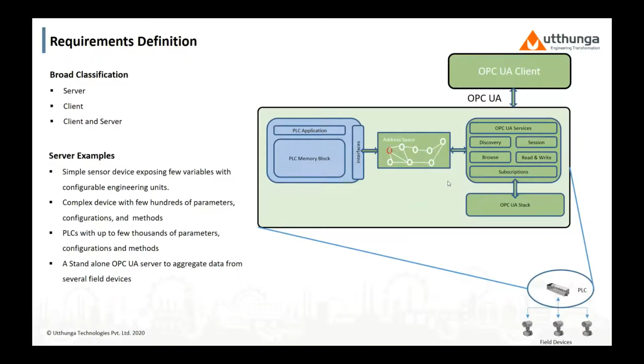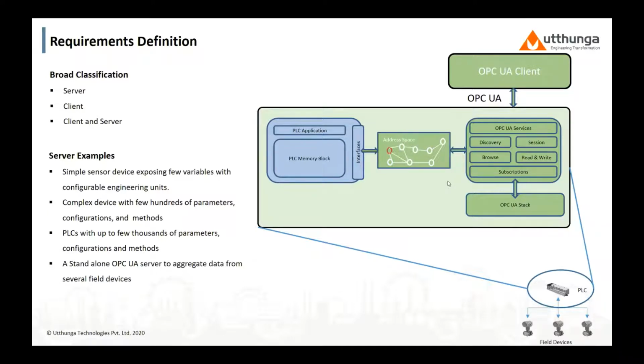So when you look at different types of OPC UA applications, the broad classification is it can be a server or client and server. There are simple server examples, like a small sensor which simply exposes a few variables like temperature and its units.